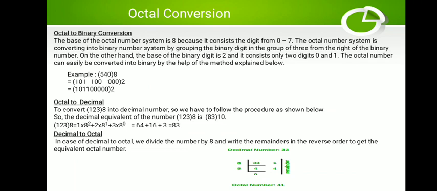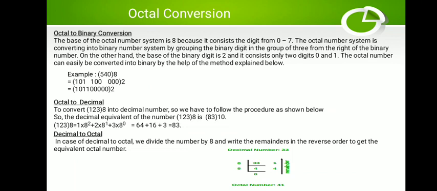Suppose there is a fractional part involved. Suppose we have 123.45. Then what to do in this case? After the decimal point, we will not read from right to left. We'll start summing from left to right and multiply, after the decimal point, each digit by the negative power of 8.